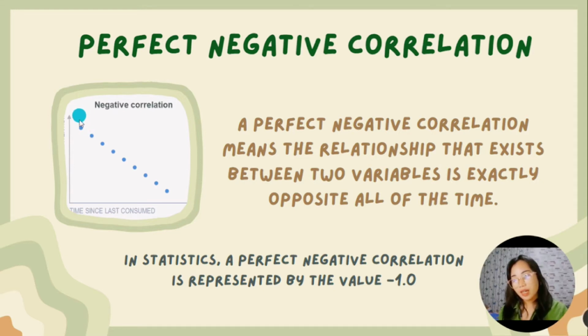So you can see that the higher the variable's value is, the lower the value of the other variable. This is what you can see in our illustration. So these two variables are exactly opposite all of the time. So that is the perfect negative correlation.